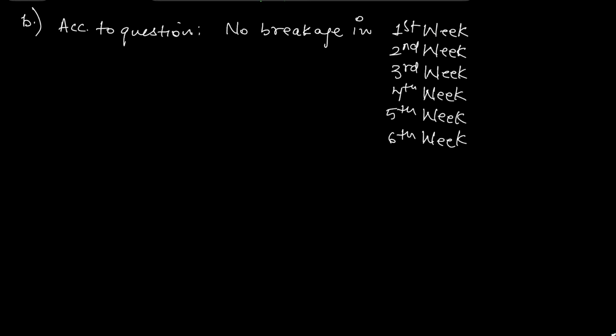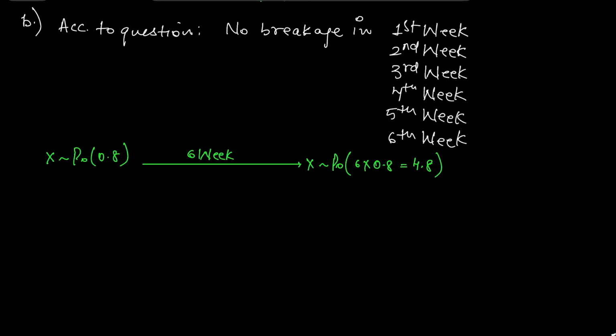First of all, we will convert the Poisson distribution from 0.8 to a 6-week interval. If I convert this Poisson distribution to a 6-week interval, X follows Poisson with 6 times 0.8, which gives me 4.8.